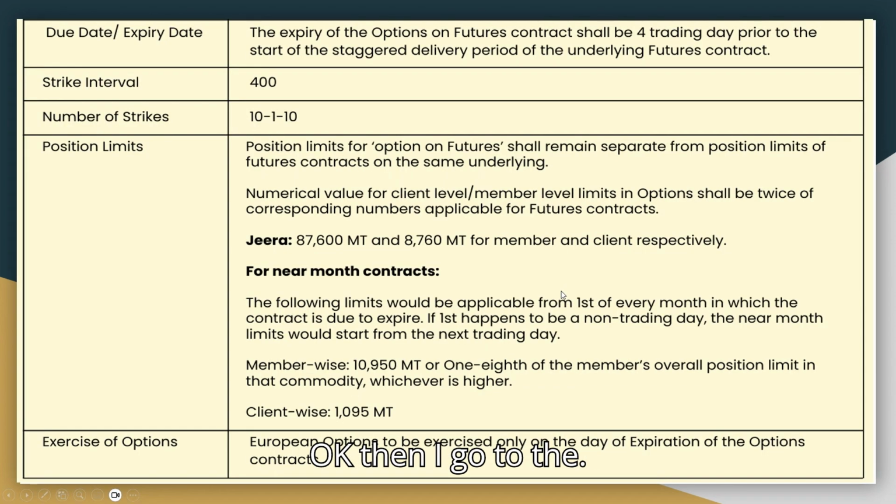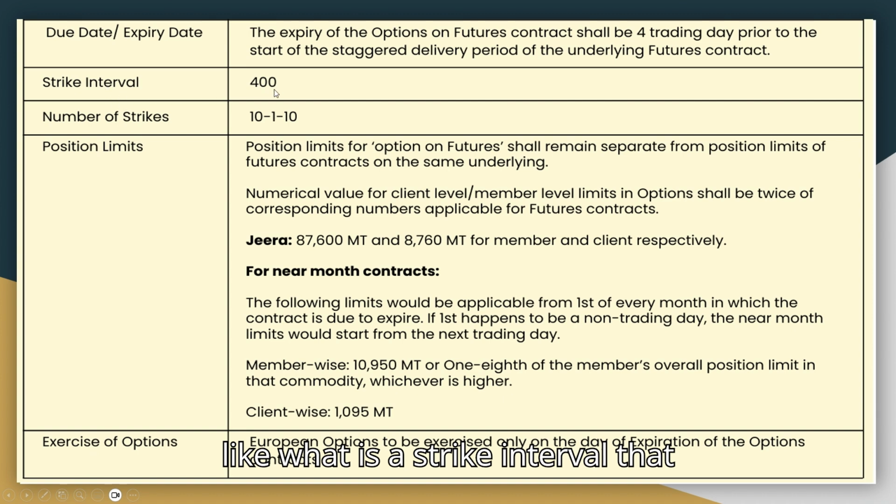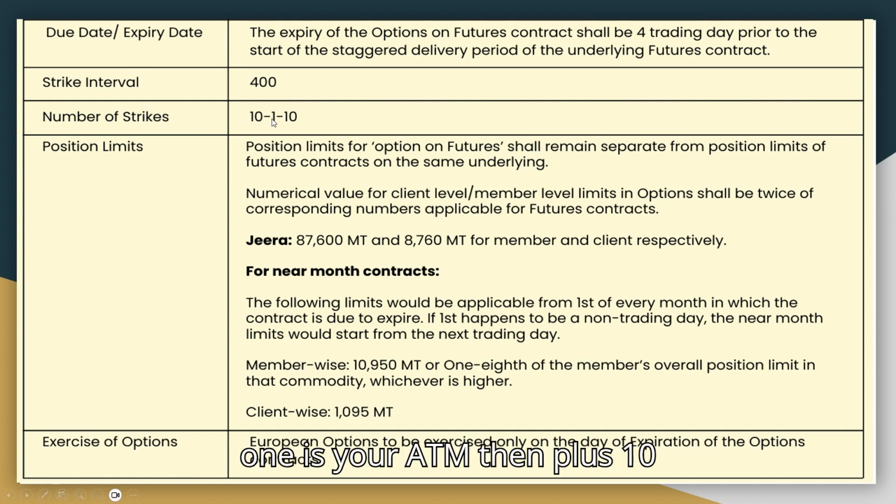Then other details, like the strike interval, which is 400. Every 400 price difference, the strike will change. One is your ATM, then plus 10 and minus 10, that is 10 out of the money and 10 in the money.